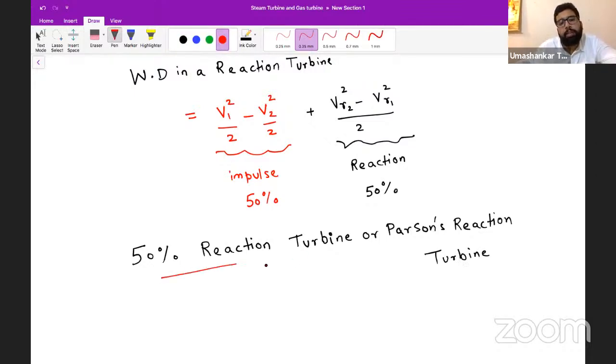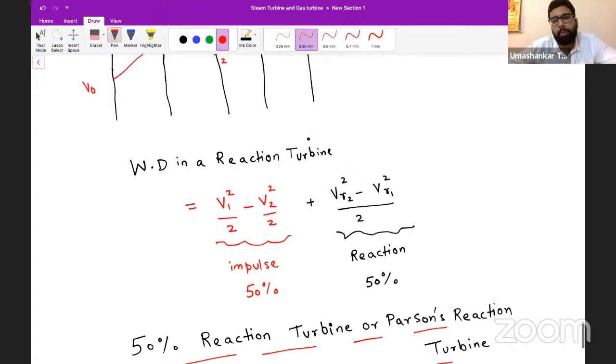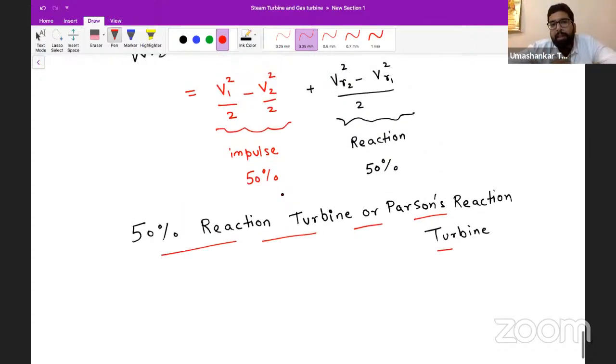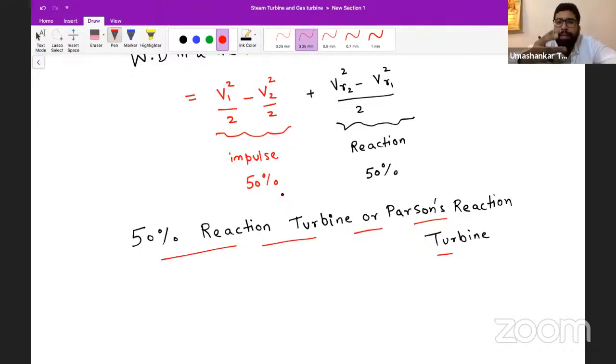From this discussion, if you want to guess what the 100% reaction turbine would be, you can conclude, sir, that it is a reaction turbine with no impulsive effect, no contribution. Yes, Madhusmita, we are considering 50-50% according to that, and we have managed these stages. In a Parsons turbine this 50-50% happens; if not Parsons, this may vary.